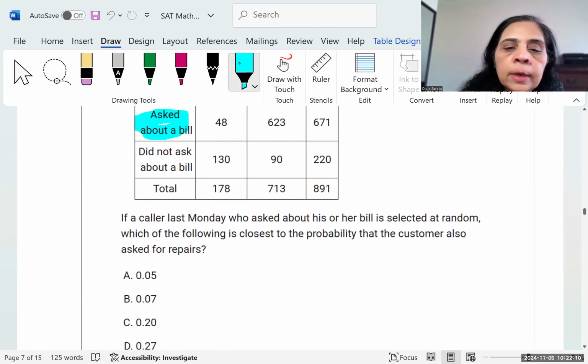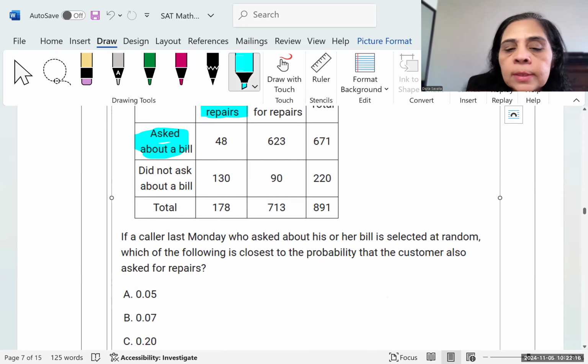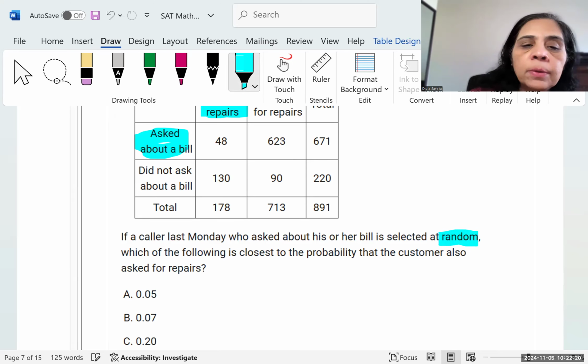So we can see here, if a caller last Monday who asked about his or her bills is selected at random, which of the following is closest to the probability that the customer also asked for repair?